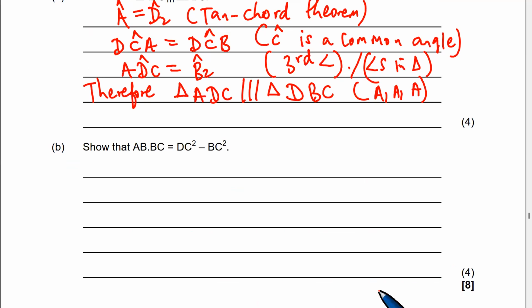Next question. Okay, this one is very interesting and nice. We need to show that AB times BC is equal to DC squared minus BC squared.